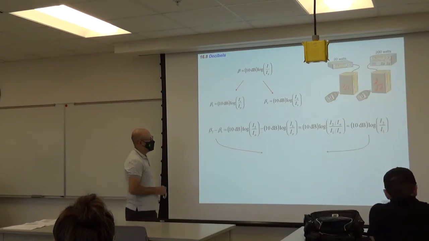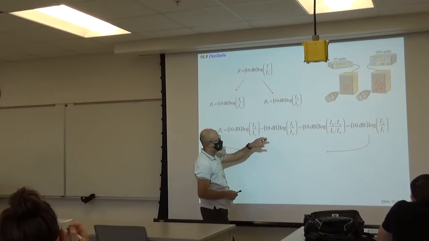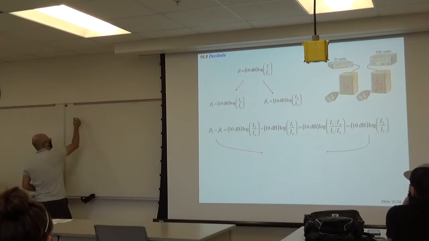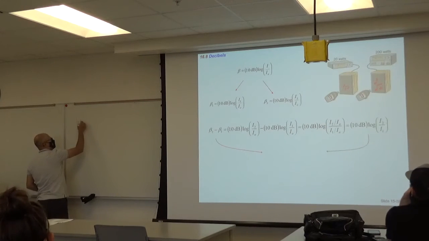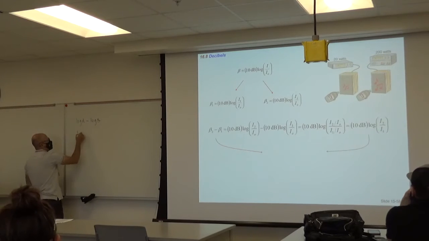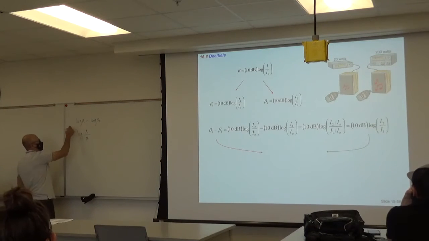The reason it's easier to deal with the minus sign is because of this formula. If you have log A minus log B, this becomes log A over B. Okay, so that's the rule for log.